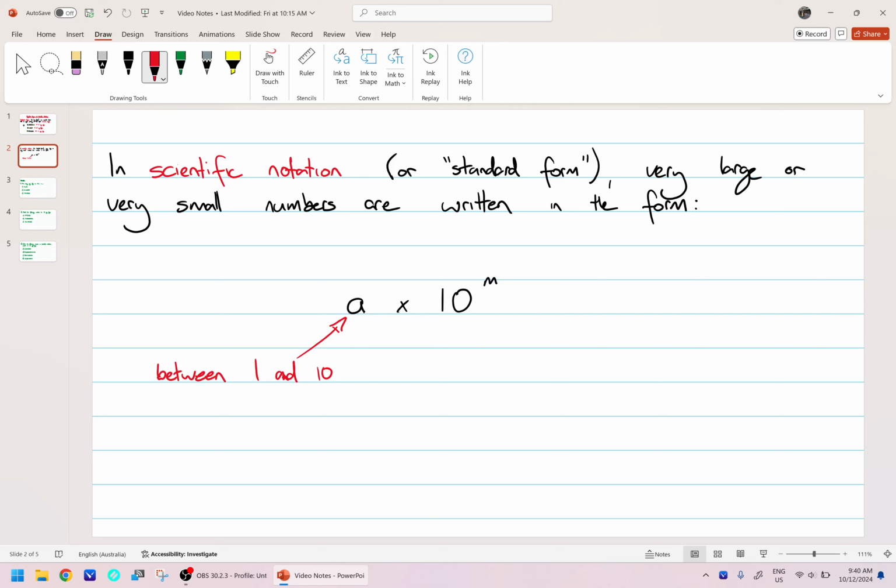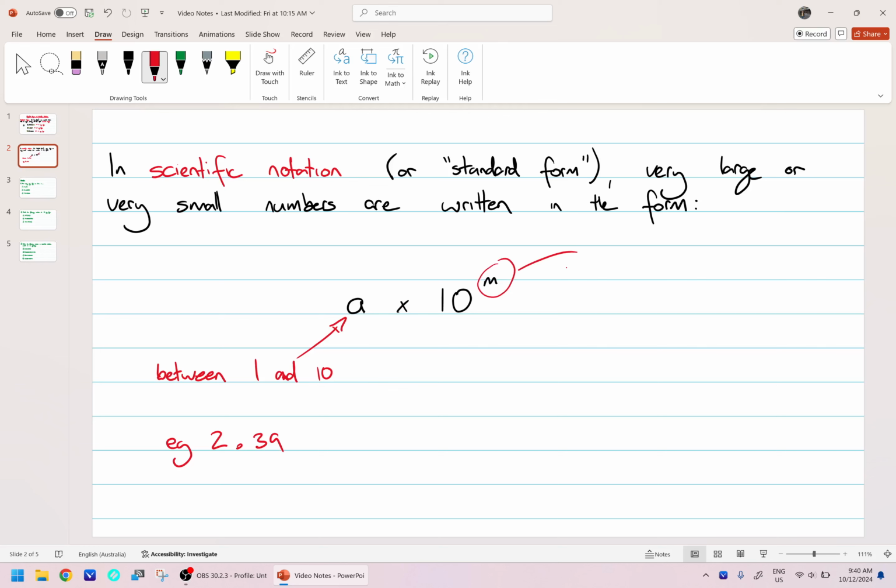So basically it needs to start off with a number that's not 0. It could be like 1.23, for example. So it would be like some decimal place with one number, like say 2.39. Basically, the number before the decimal point needs to be just one single number. Then we have the times 10, which, as I said, is always the same.